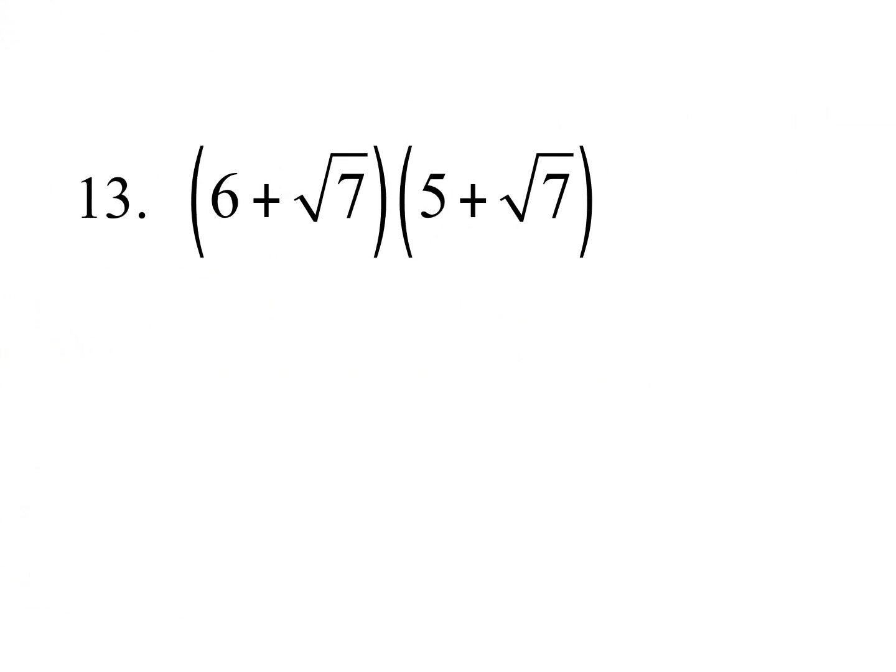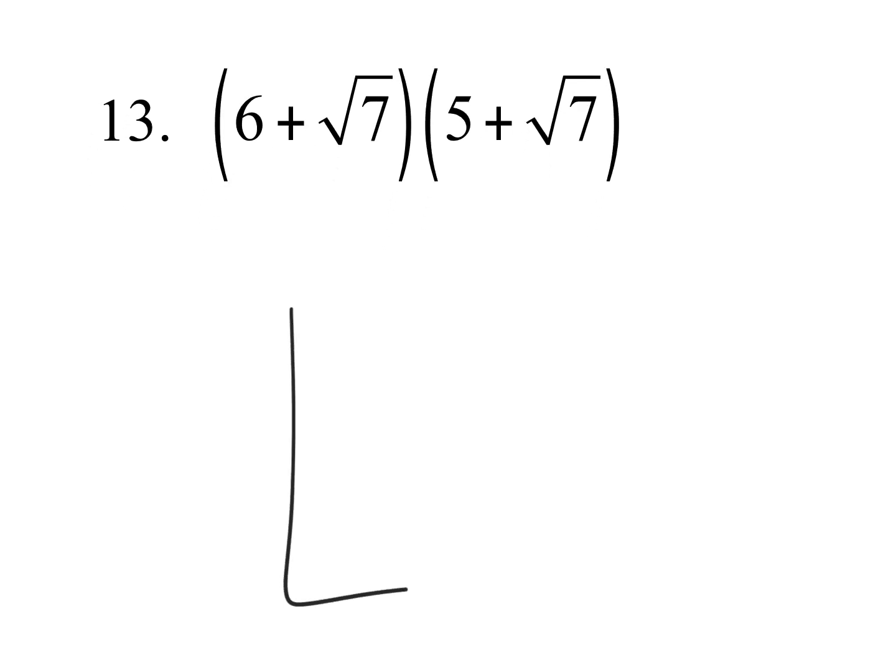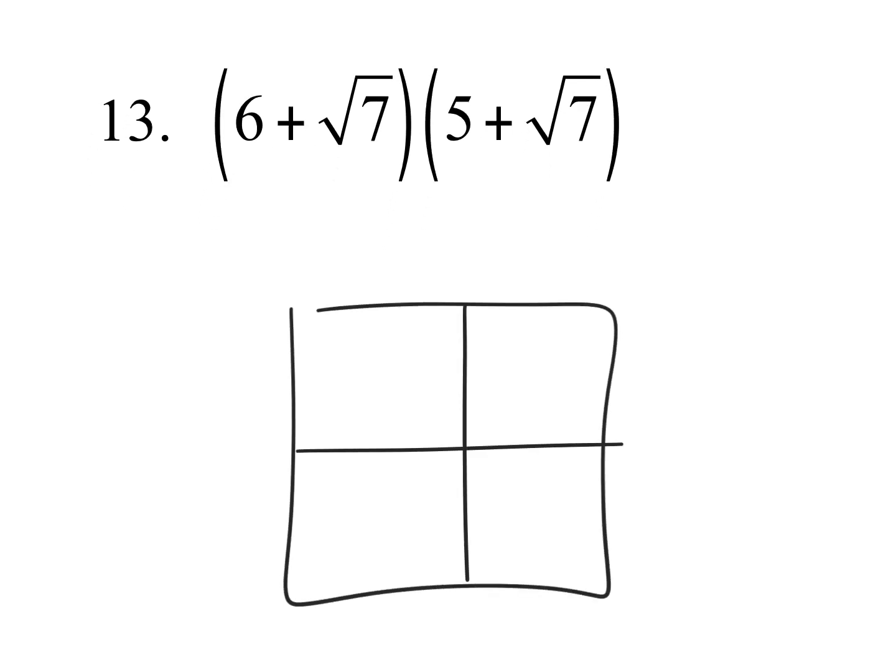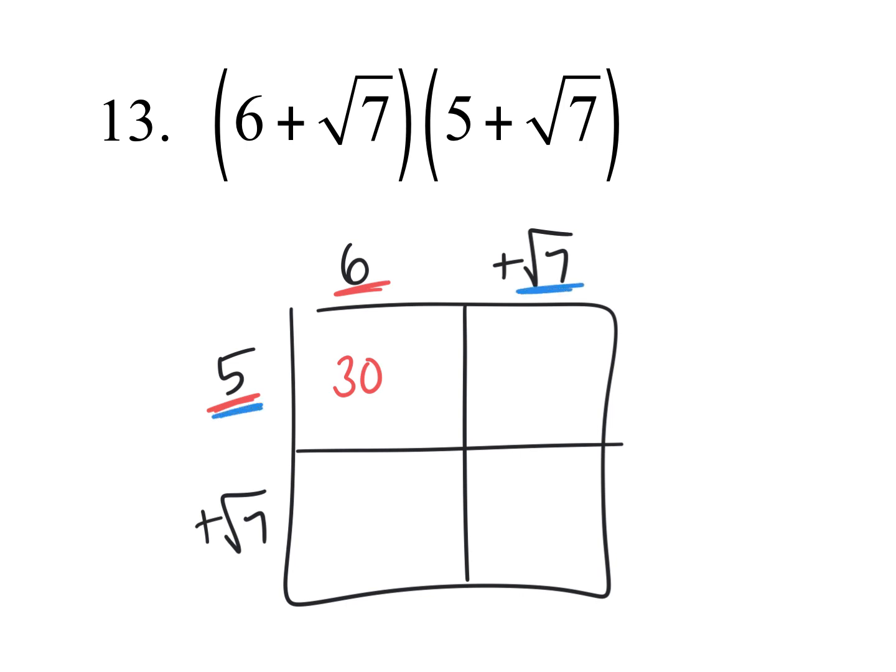Number 13 is another box or FOIL problem. So I've got 6 plus the square root of 7, 5 plus the square root of 7. Multiplying our boxes together, we will get 5 times 6, which is 30. 5 times the square root of 7, 5 square root of 7.